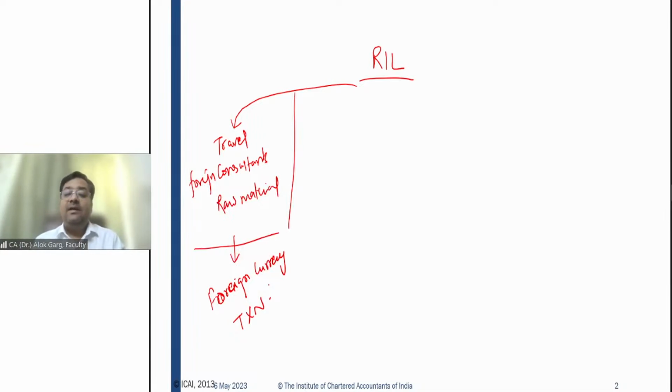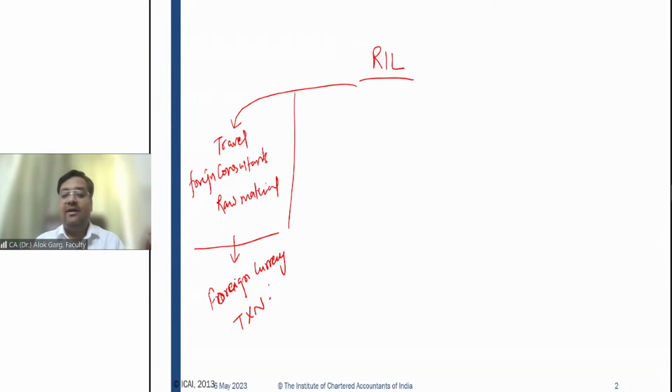So the point is how these foreign currency transactions should be recorded in the functional currency, or the entity's currency. So this standard is required, which gives you the clarity and the guidance, okay?